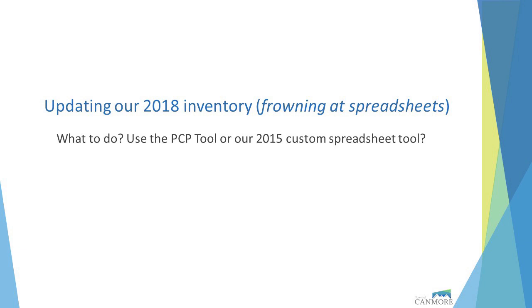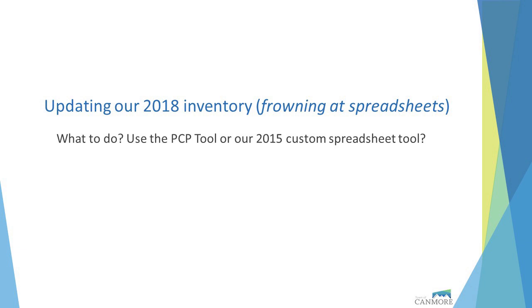So they figured out our baseline on their own and gave us the spreadsheet, with all the calculations and all the emission factors built into it. The idea was that going forward we could use that same tool, enter our data, and figure out our future inventories that way.